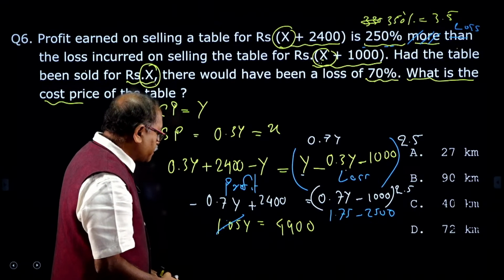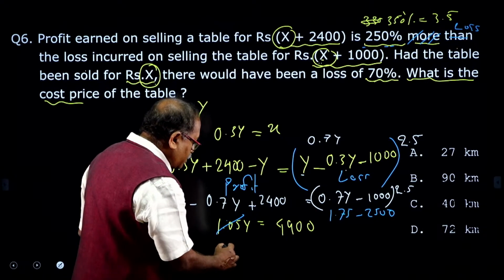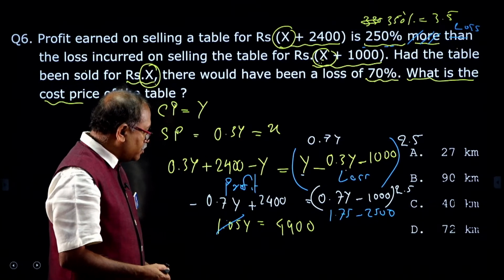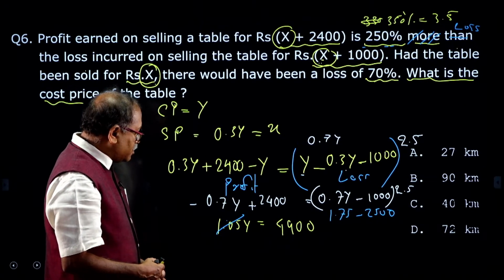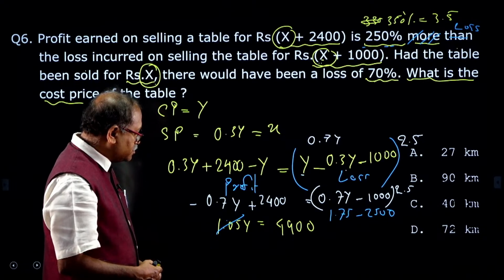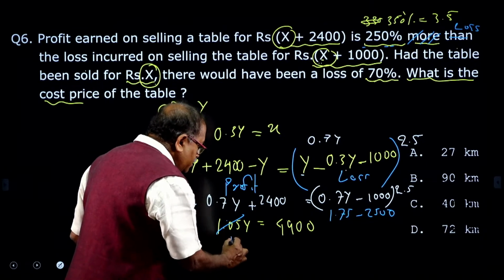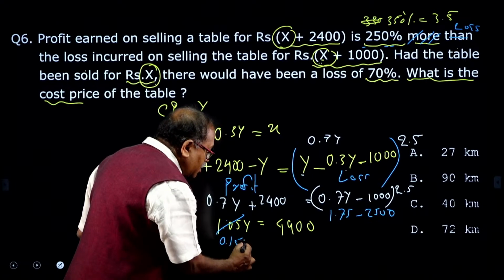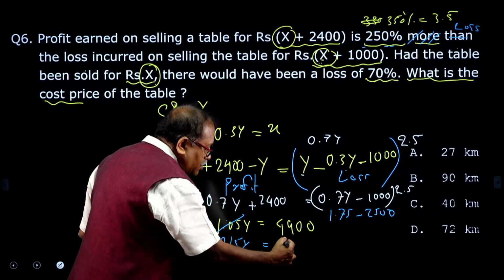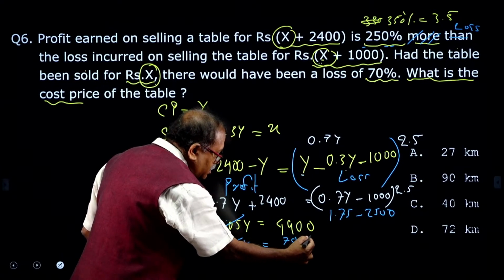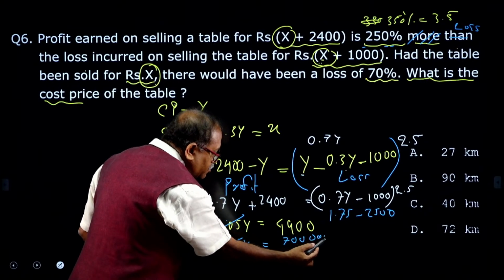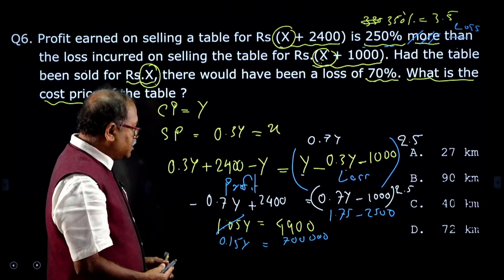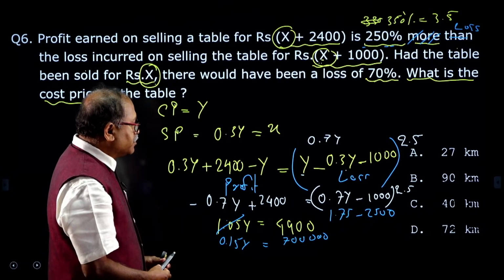With 7, 13 times, 13, no, 15 times, I am sorry, 0.15 Y, which is equal to, this is 7000, then place the 20 divided by 15. Will it get divisible by 15? No.